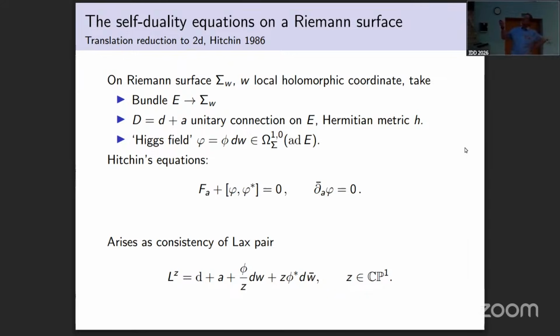The nice thing about writing the variables in this way is that this curly phi is d-bar closed, and then the curvature of this connection is given by the commutator of phi with its Hermitian conjugate. And you obviously also get a reduction of the Lax pair from 4D to 2D. So these equations follow from the commutativity of this Lax pair, which is now presented as a connection on the bundle E that depends also on the extra spectral parameter Z.